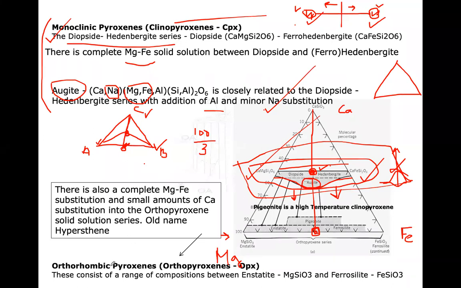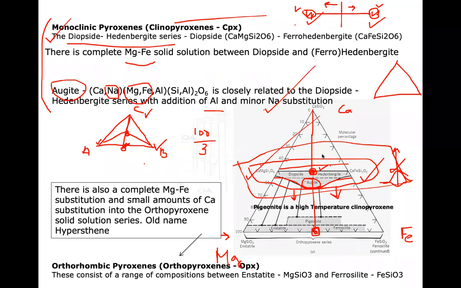Right. So we considered the composition where iron, magnesium, and calcium, all three are present. But you remember this blank area in this triangle, in this blank area, usually there are no pyroxenes found in the natural environment.